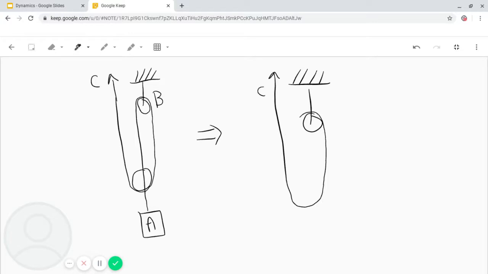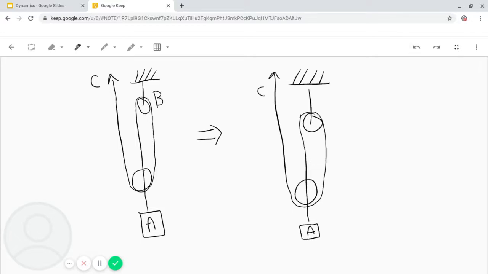So it looks something like that, this going down. And just a note that this rope here does not affect this pulley here.